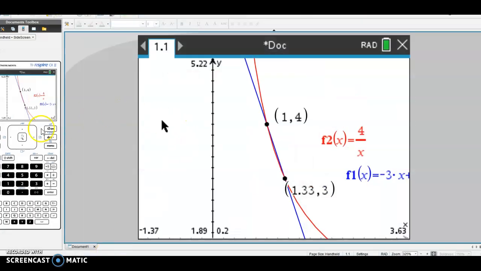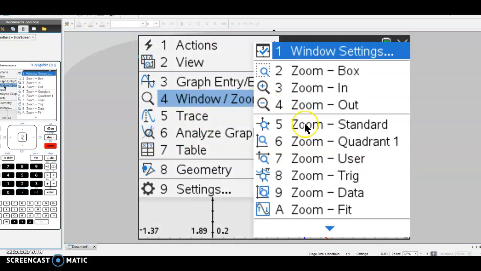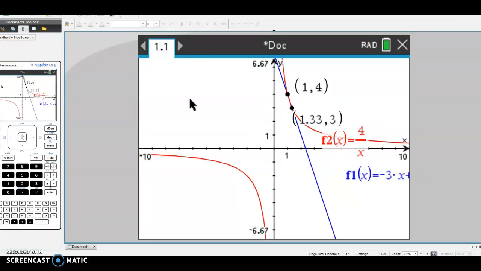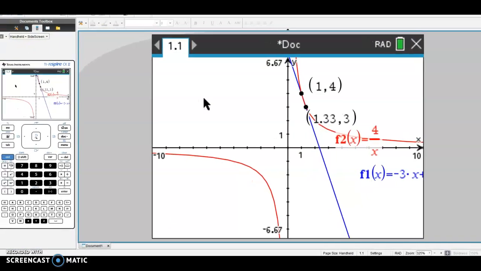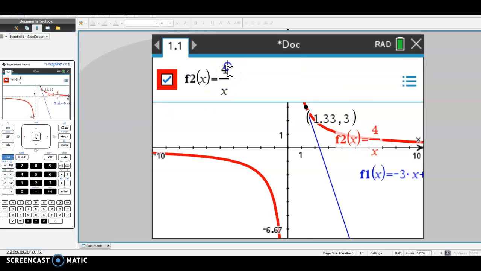So if I go back to my calculator, I can get back to a normal window. Maybe I would start by going Menu, Zoom, Standard, and that would get me back to my normal window here. And then I can hit Tab and arrow up, and that's where I can change my equations.